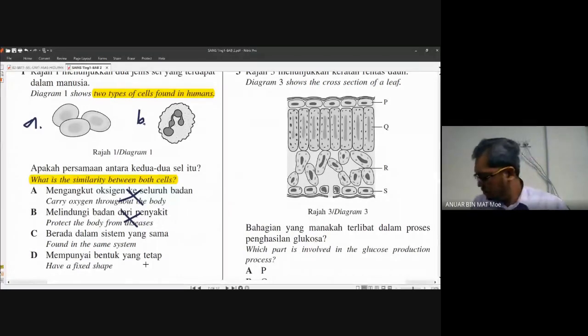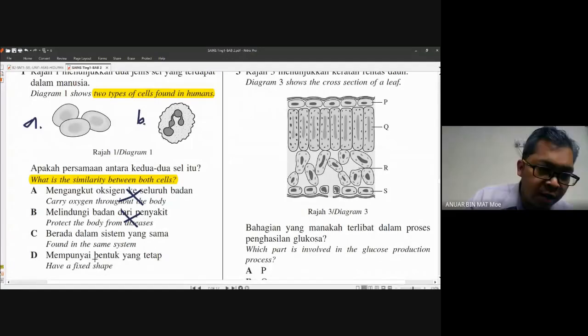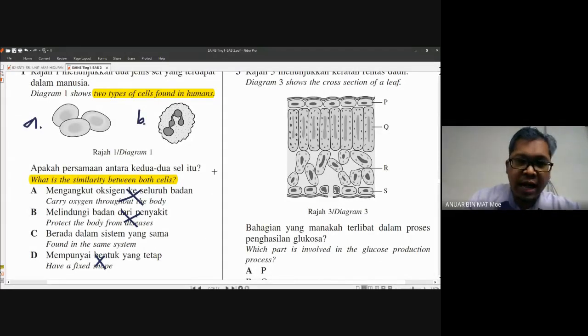Fixed shape meaning that is it correct or wrong? Wrong. This is wrong, because these are what we call an animal cell, only available in animal, including human. So if you still remember the difference between animal cell and plant cell, in animal cell they have a variety of shape.